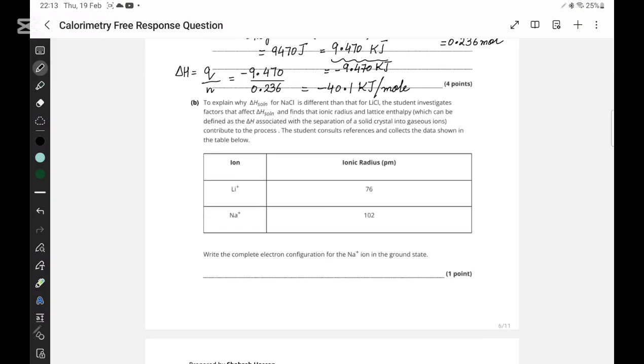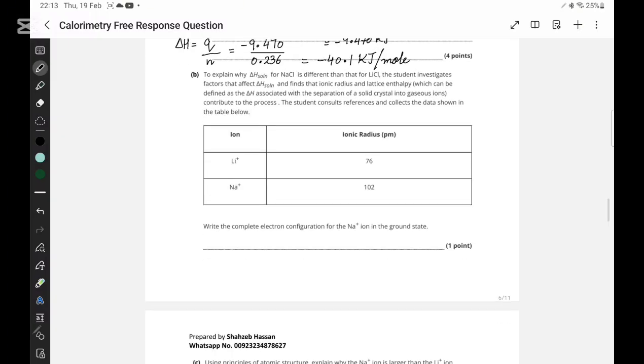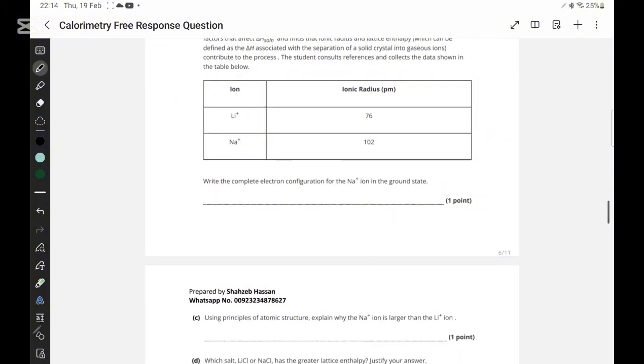In this question they are saying write the complete electronic configuration of sodium ion in the ground state. So sodium ion is Na plus, which means it has 11 protons.